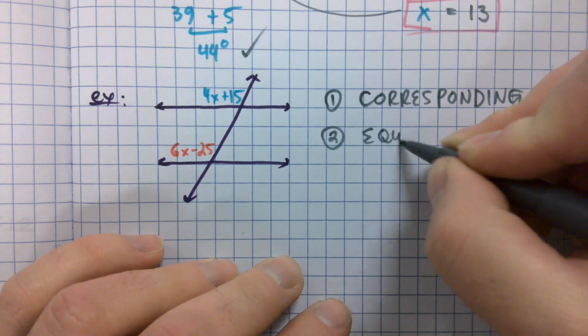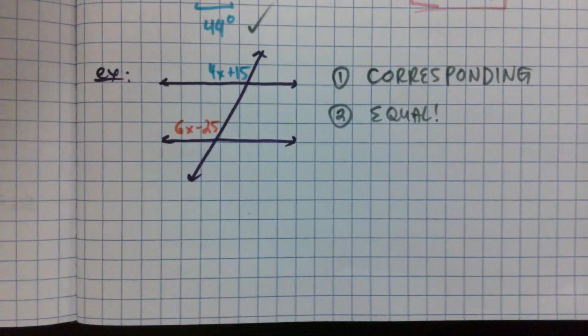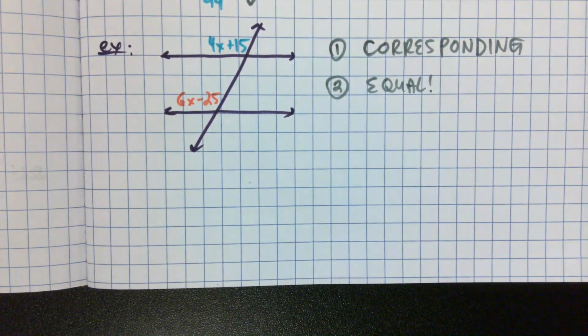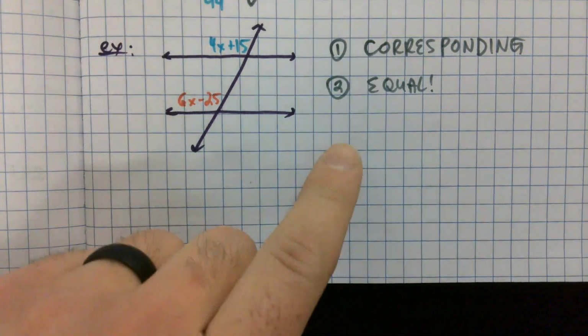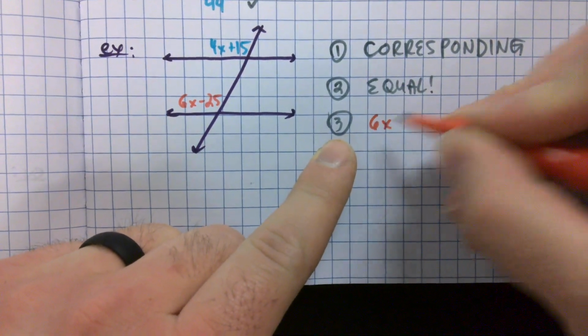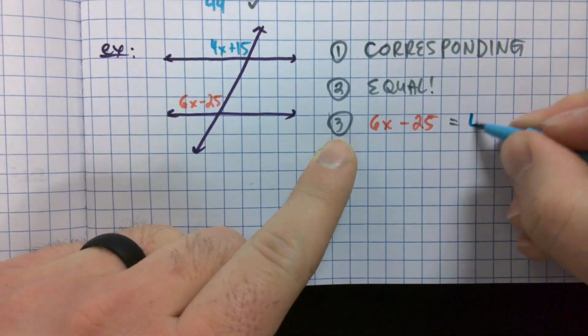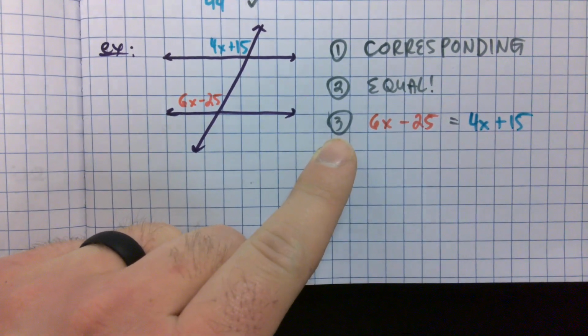Equal. Again, this is on the sheet we colored in yesterday, so when we get to work, you should be using that. So we set up the equation 6x minus 25 equals 4x plus 15.